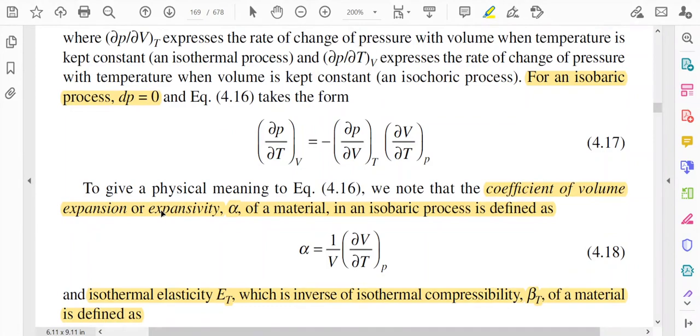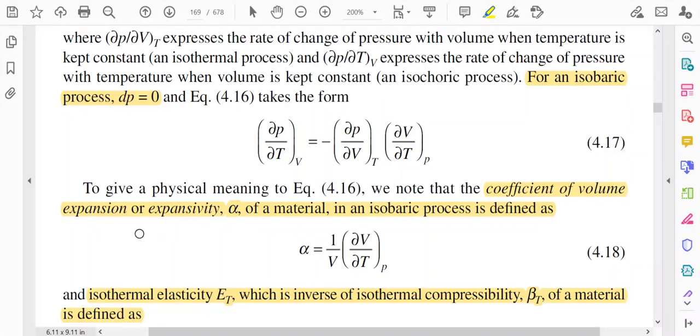To give a physical meaning to 4.16, we note that the coefficient of volume expansion or expansivity alpha of a material in an isobaric process is defined as alpha = (1/V)(∂V/∂T)_P. This particular parameter is very important. I am repeating its definition.